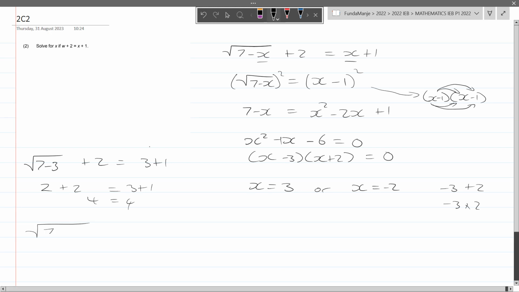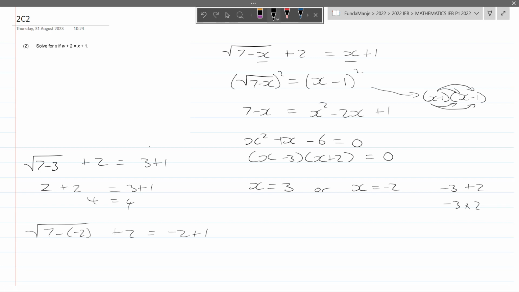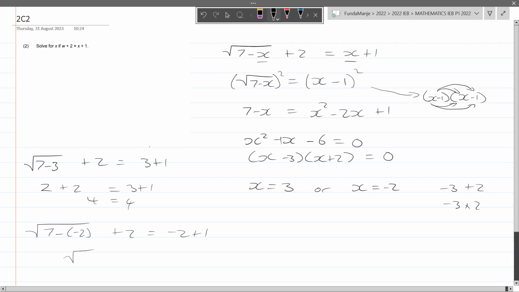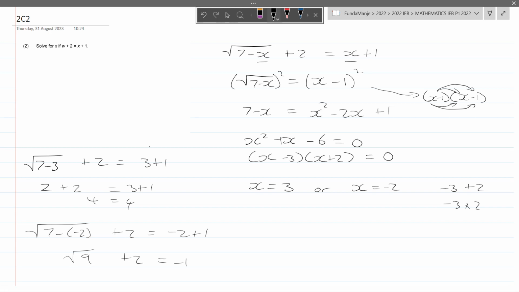And then we try it again with minus 2. So root of 7 minus minus 2 plus 2 is equal to minus 2 plus 1. So from this we get 7 minus negative 2, that gives us 9, plus 2. On this side, minus 2 plus 1 simplifies to minus 1.